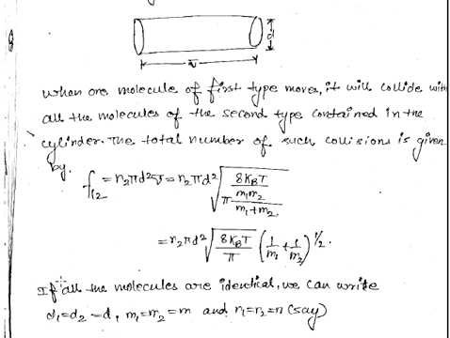You have to consider every molecule: if all the molecules are identical, then their diameters and their numbers must be the same, right? So I have considered d1 equal to d2 equal to d, m1 and m2 equal to m, and n1 and n2 equal to n.